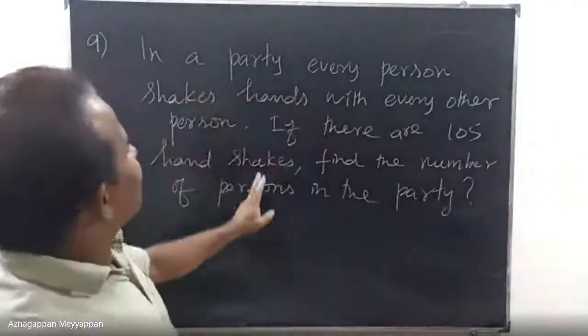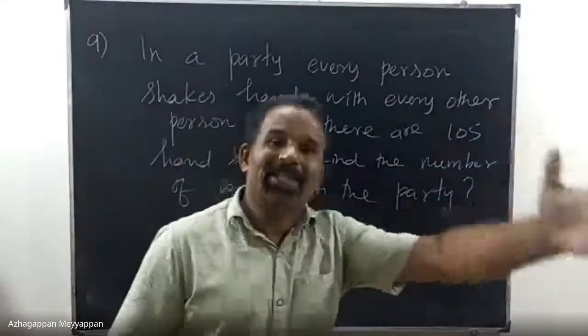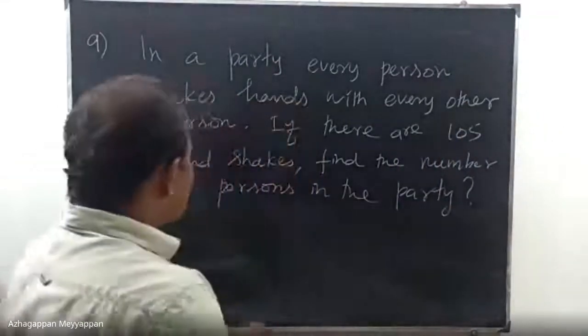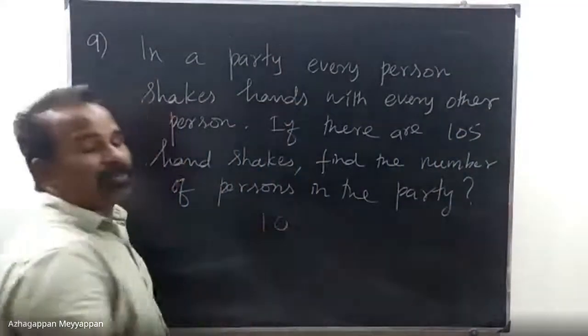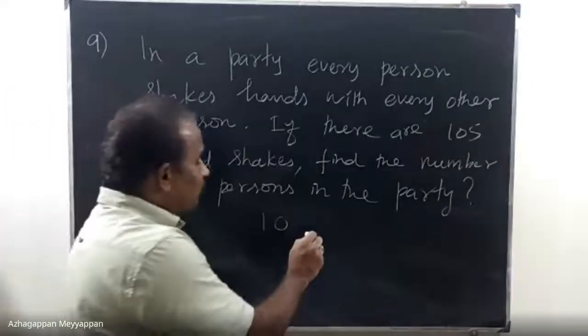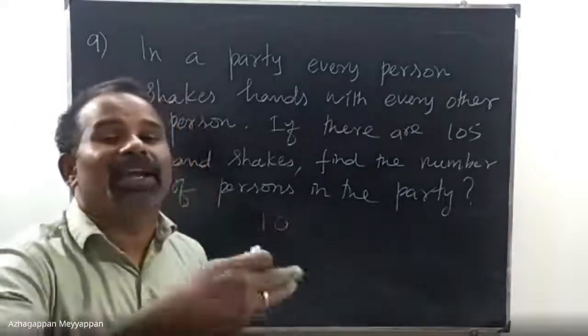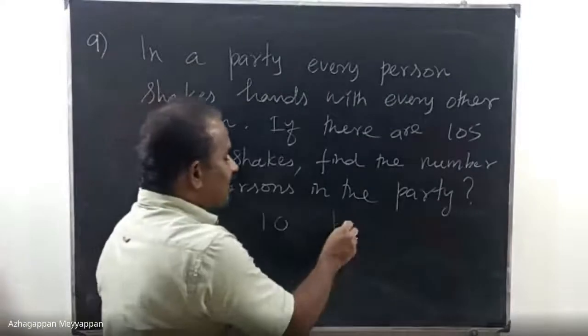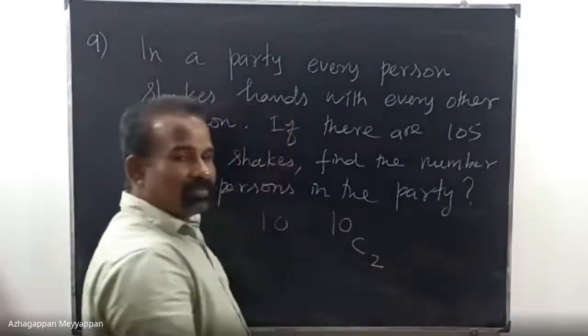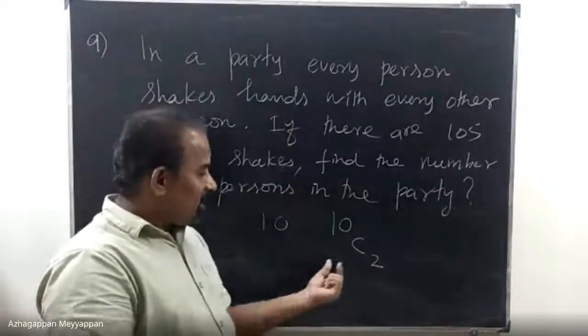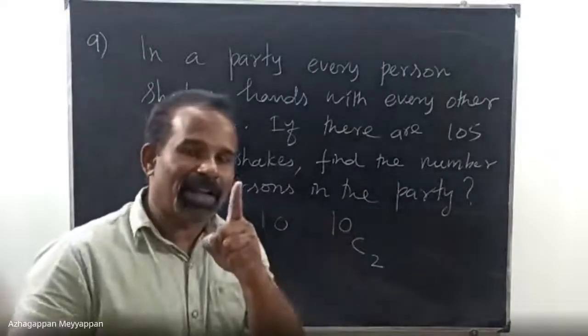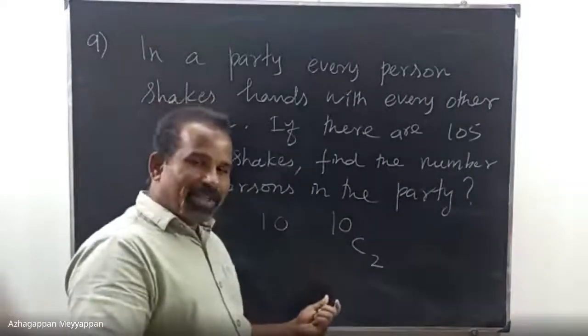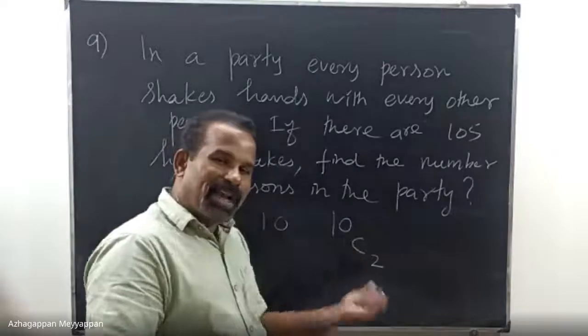Totally, how many persons are there? Suppose there are 10 persons in a party. Then the number of handshakes that take place is 10C2. If you take 2 persons out of 10, you get 1 handshake. If you take another 2 out of the 10, another handshake.